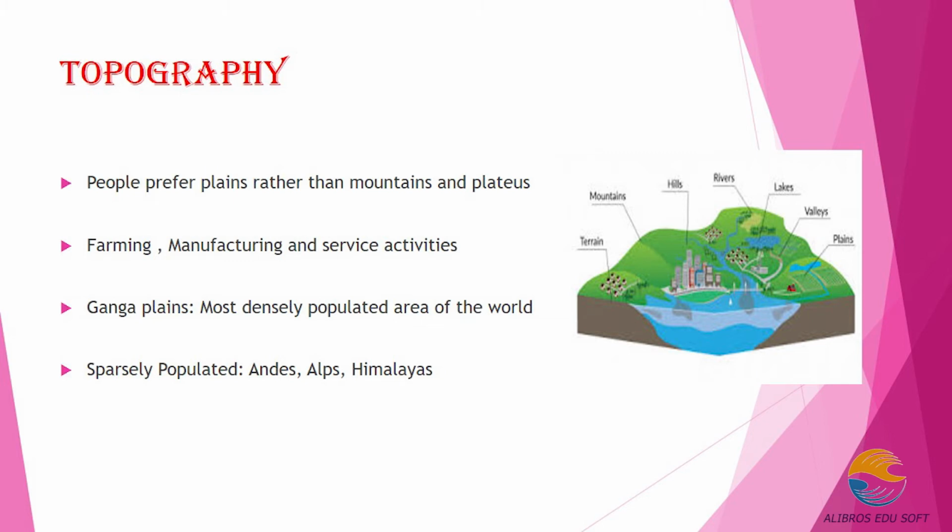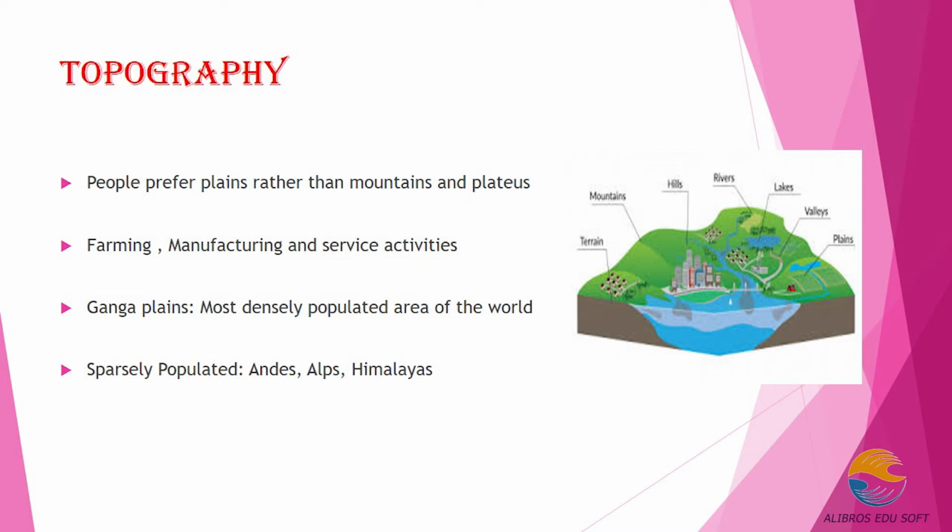Let's explain about topography. People prefer to live on plains rather than mountains and plateaus, as these areas are suitable for farming, manufacturing and service activities. People will not live in rugged or less plain areas.